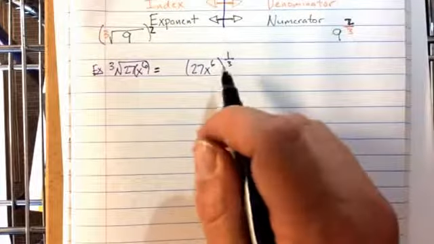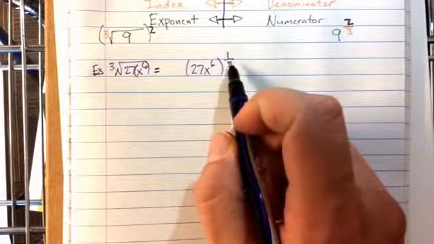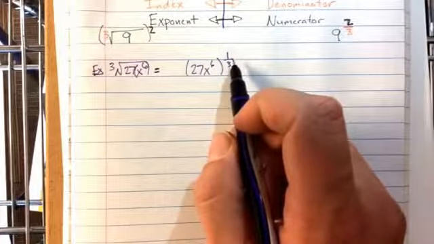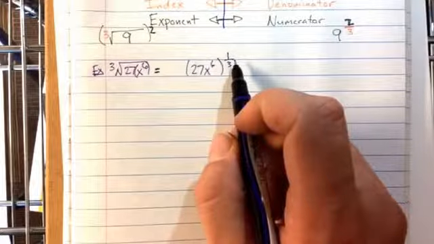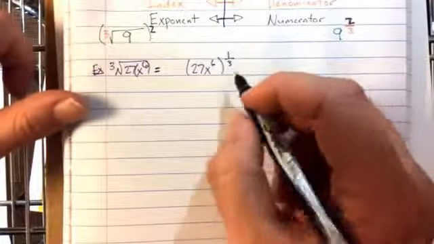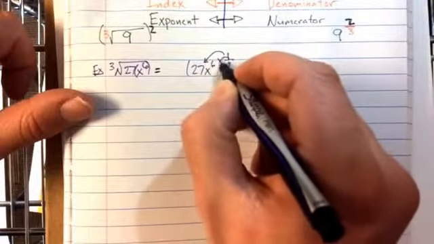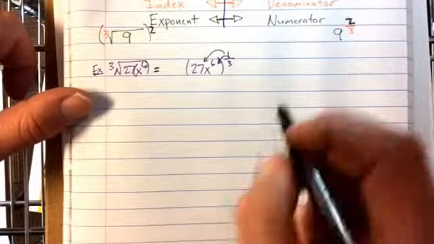So now we have a power with a power. Recalling from pre-algebra, from the start of this semester, from yesterday, what do we do with powers of powers? We multiply them. So it gets distributed to both the 27 and the x to the 6th.